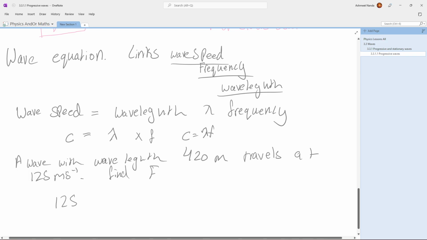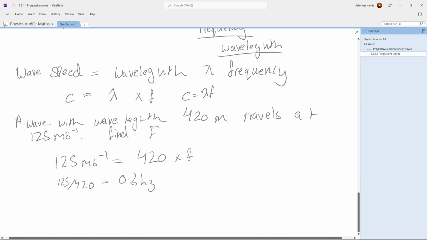Travels at 125 meters per second, wavelength 420, times f. Now we just have to find f, so we rearrange, divide both sides by 420, so 125 divided by 420 gives us, off the top of my head, I think it's 0.3 hertz. And we've done it to two significant figures. You could do it to three, and it would still be 0.3 because of rounding.